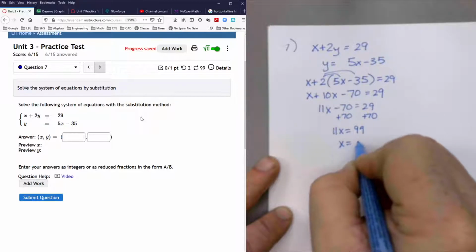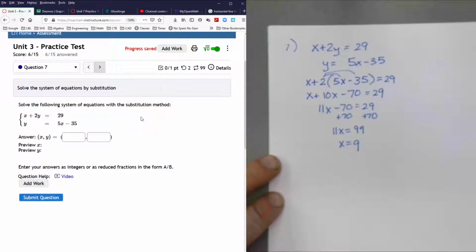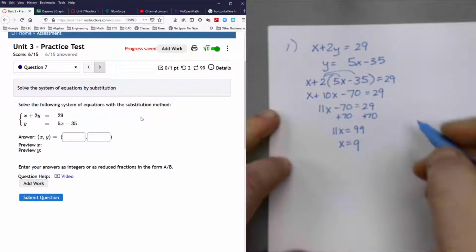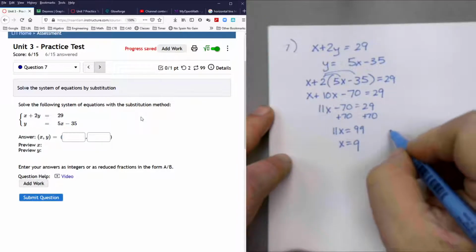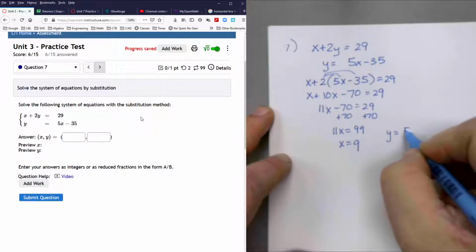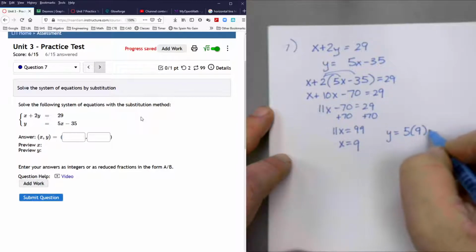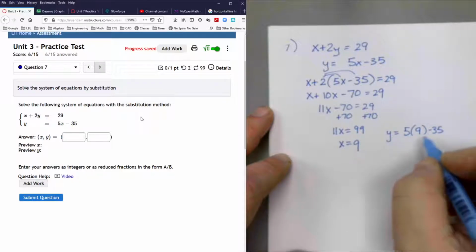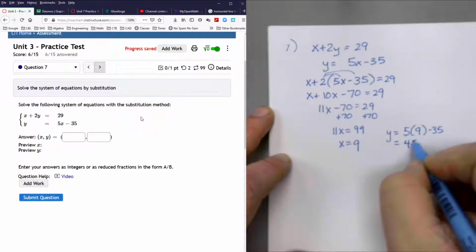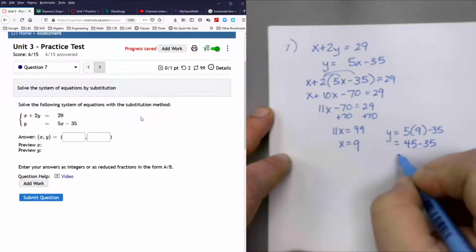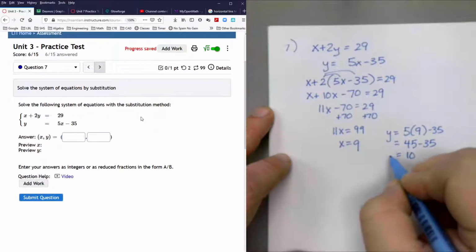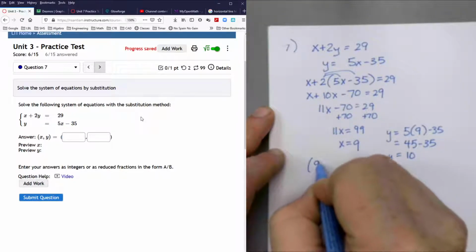That tells me that x has got to be 9. Okay. If x is 9, I know that y is equal to 5 times that minus 35. And so that's going to be 45 minus 35. y is going to be 10. So my solution is the point 9, 10.